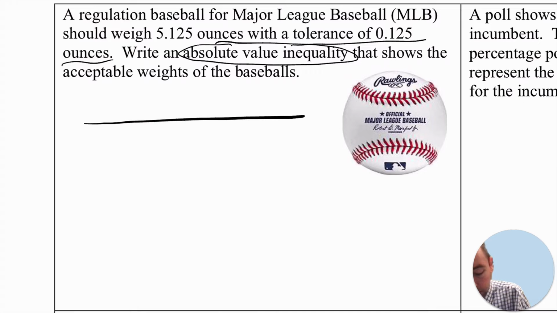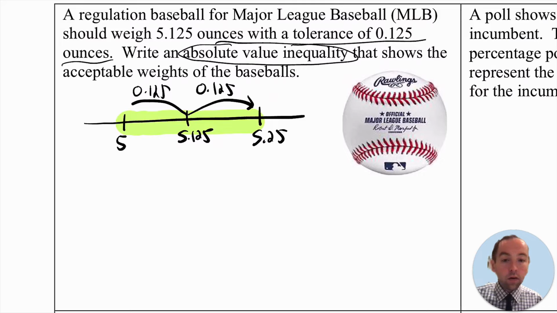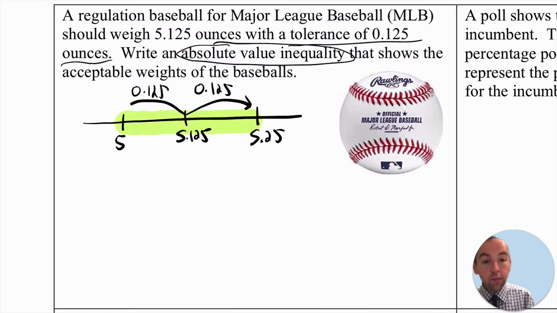In terms of understanding the acceptable weights, we know that the typical weight it should be is 5.125. But since the tolerance is 0.125, if you add 0.125, you're going to end up with 5.25. But if you go 0.125 the other way, you're going to end up at 5. So the acceptable weights of a baseball are anywhere between 5 and 5.25.